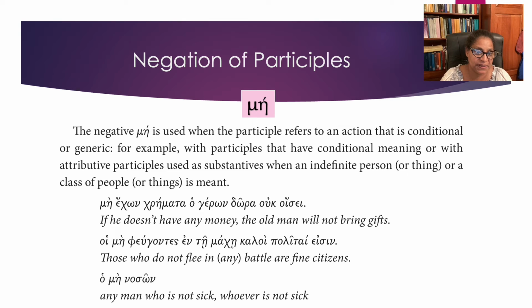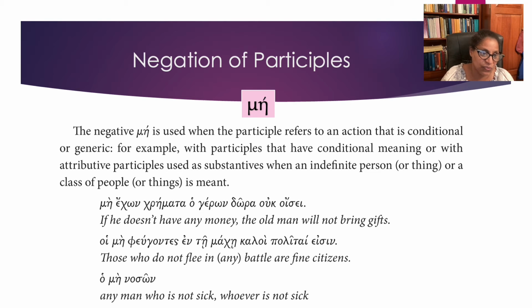Me, then, is the opposite. So me is going to be used for conditional, generic, anything that you would use outside of the indicative. So if this participle stands for something that wasn't indicative, then you're going to use me. So it can stand for an imperative, right? So me echon chremata, as I used that one before. So if he doesn't have money, the old man will not bring gifts, right?